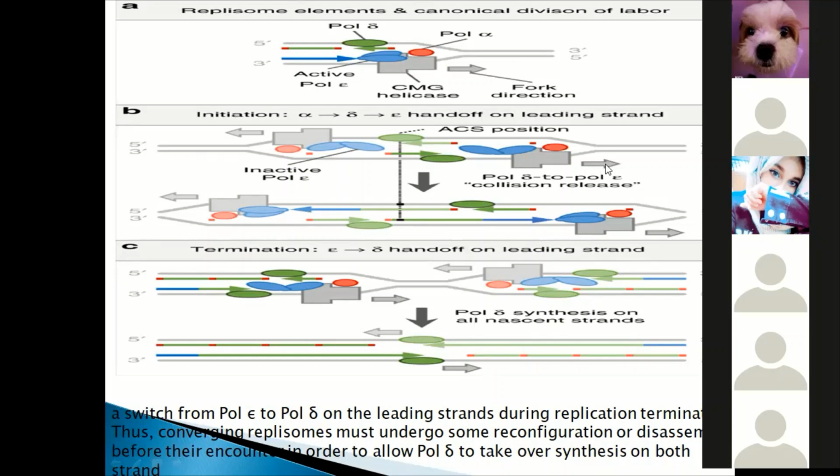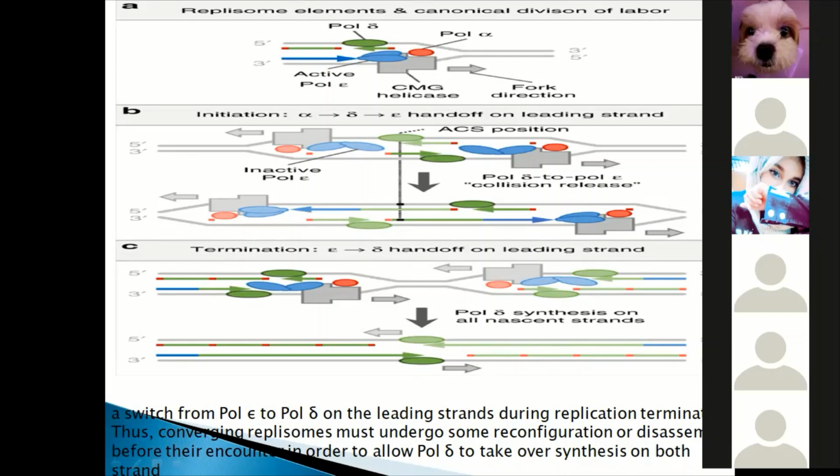So there is some reconfirmation of these things, and there is termination, like eta to delta hands off on the leading strand. So in case of this leading strand, there is a hands off, and the chain termination, how it takes place here. The polymerase eta, a polymerase delta synthesizes on all nascent strands.